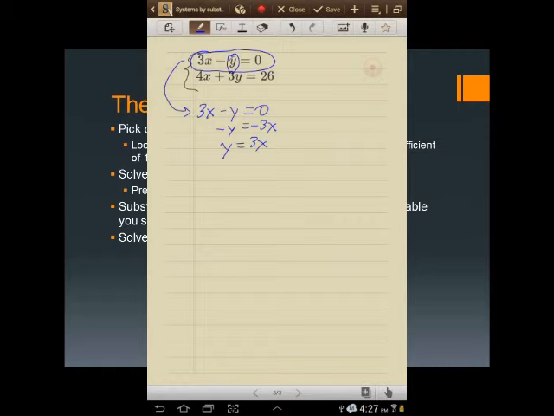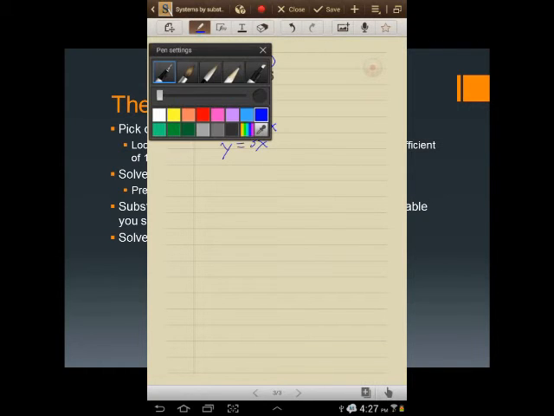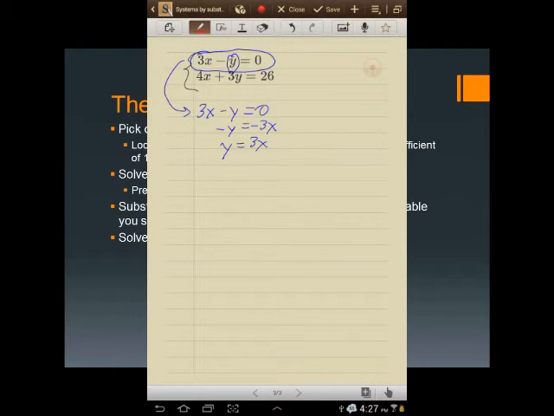So let's figure out what x is going to be. I'm going to use the other equation, the one I did not use already. So 4x plus 3 times 3y equals 26. 4x plus 3 times 3x is 9x equals 26. 4 plus 9 is 13x.